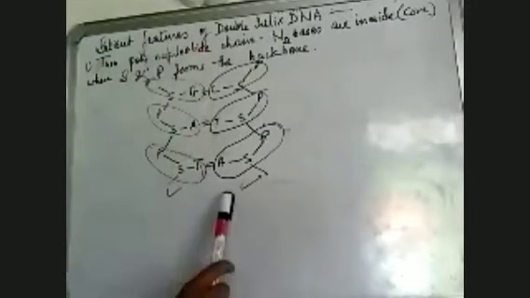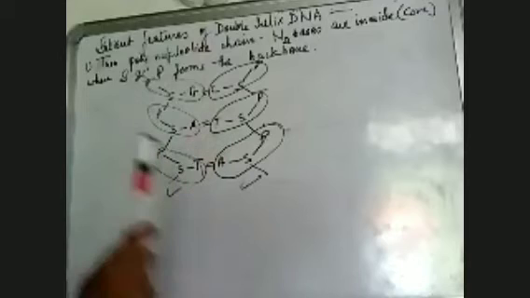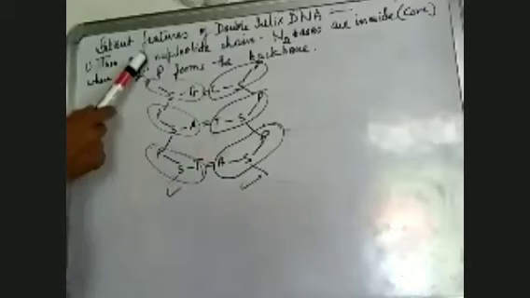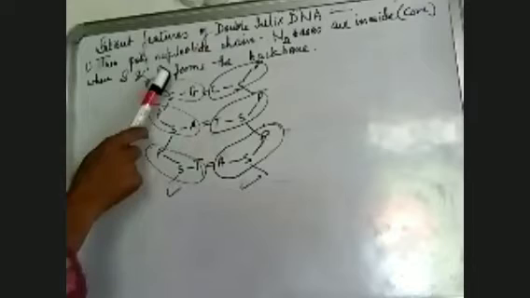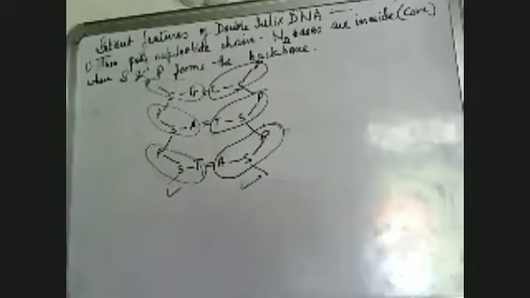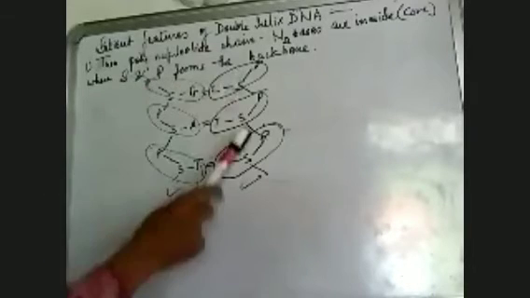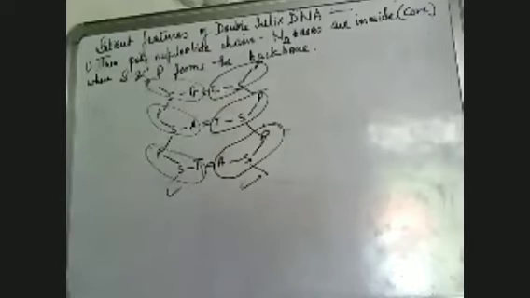In every chain, we have many nucleotides. Poly means many nucleotides. This chain is a long chain of polynucleotides, and this chain is also a long chain of polynucleotides.